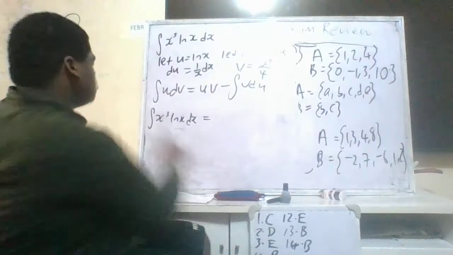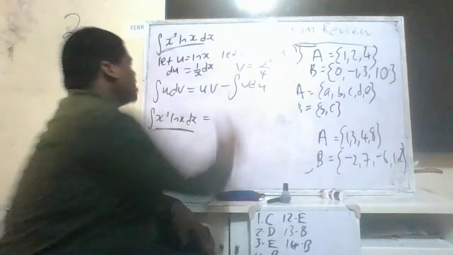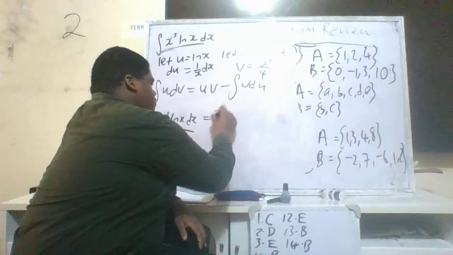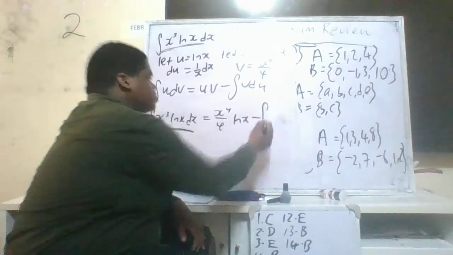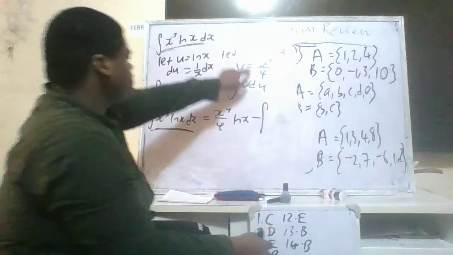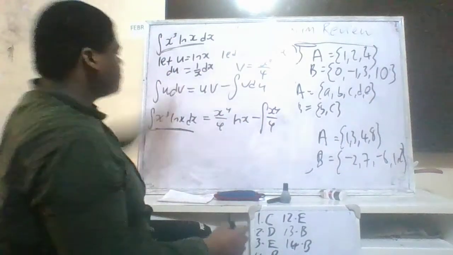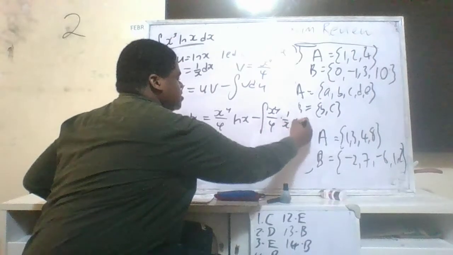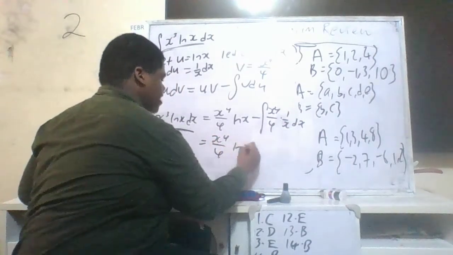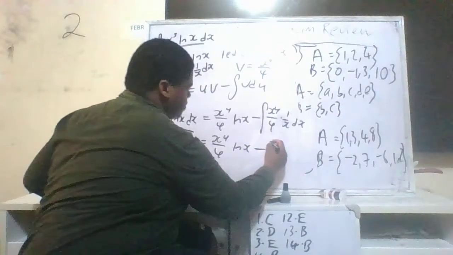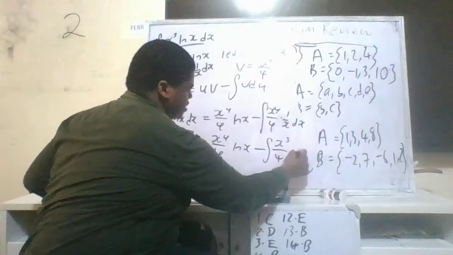This is what we're looking for. This is equal to u times v, that is ln x times x to the power of 4 divided by 4, that is x to the power of 4 divided by 4 times ln x, minus the integral of v du, x to the power of 4 divided by 4 times 1 over x, which is equal to x to the power of 4 divided by 4 ln x minus the integral of x to the power of 3 divided by 4 dx.